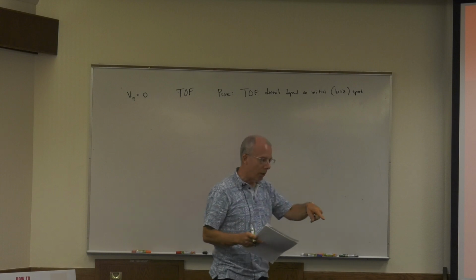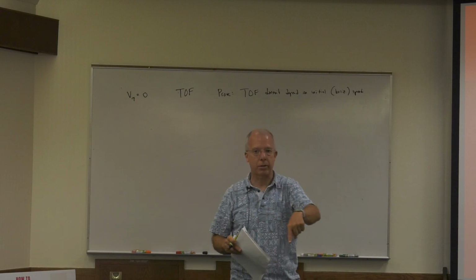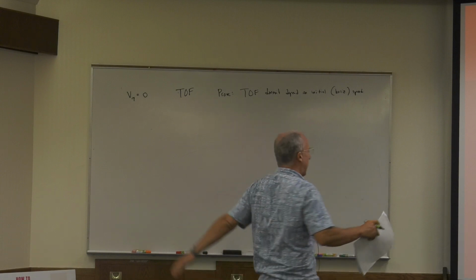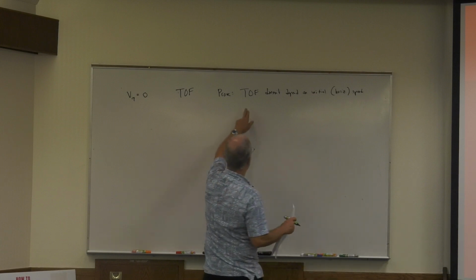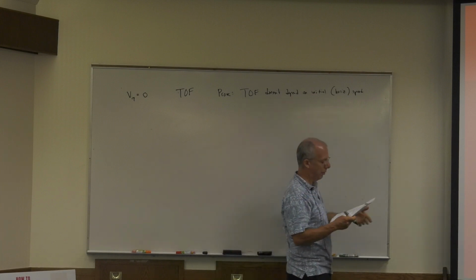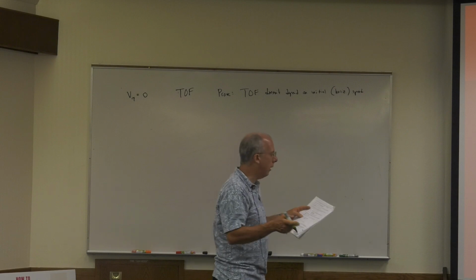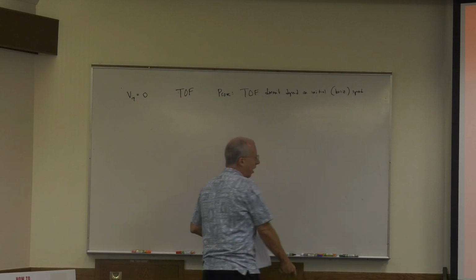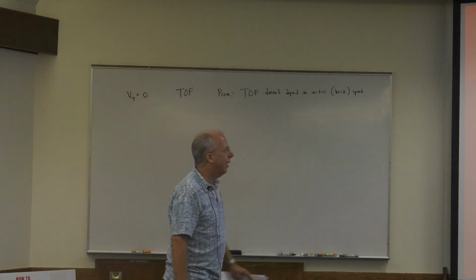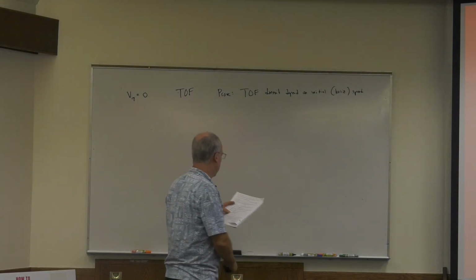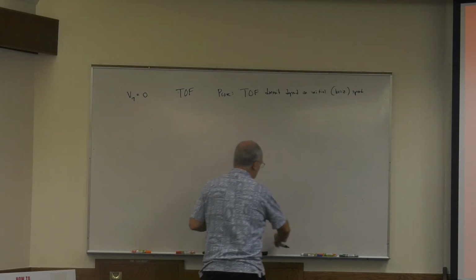Remember, we did it slow, medium, fast, and the times were exactly the same. So we want to prove it: the time of flight doesn't depend on the initial horizontal speed. Okay, so how do you do it? You always got to start with something that's true, and that's usually a kinematic equation.